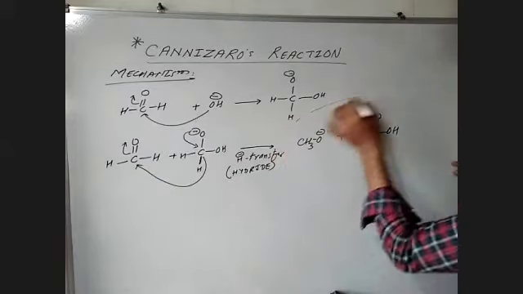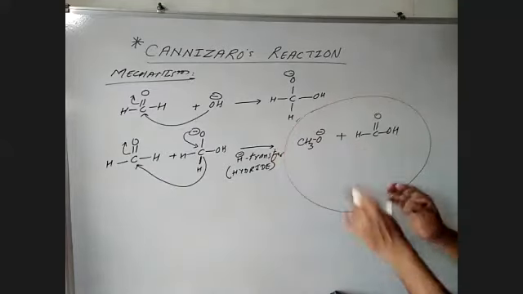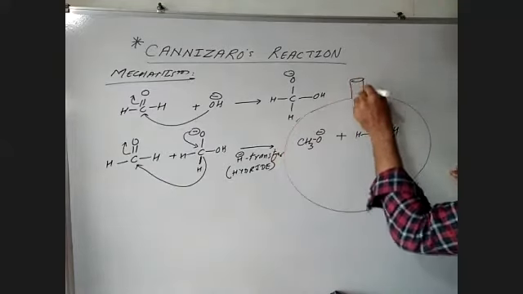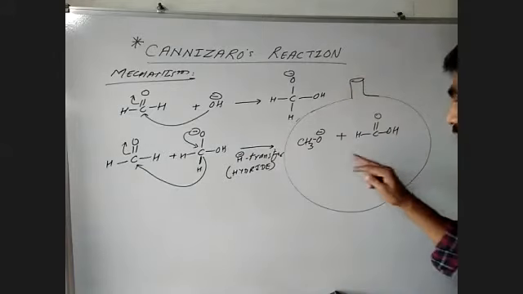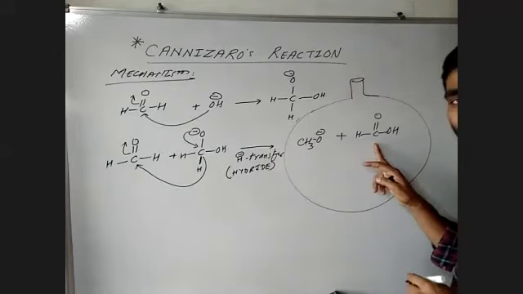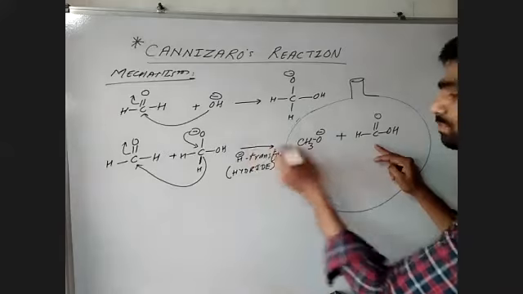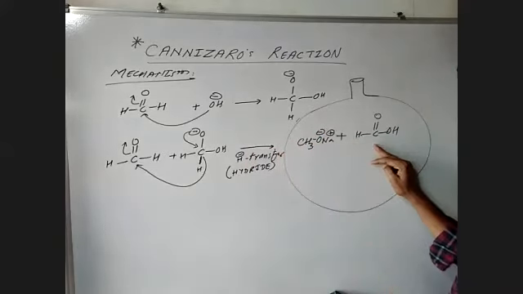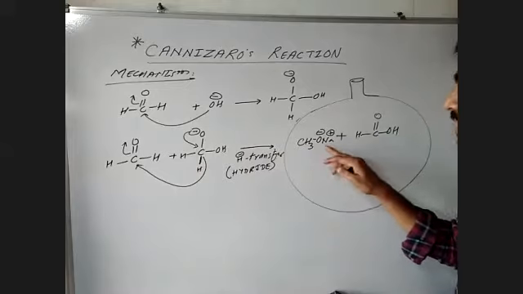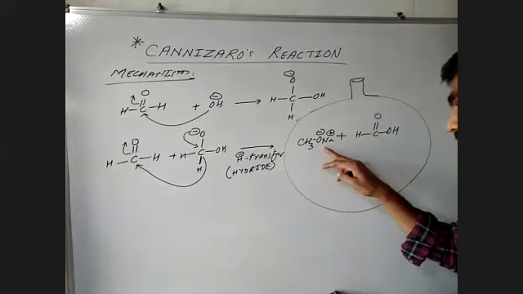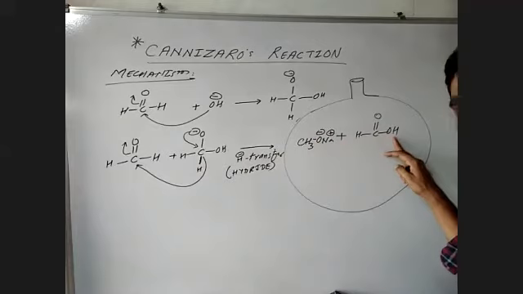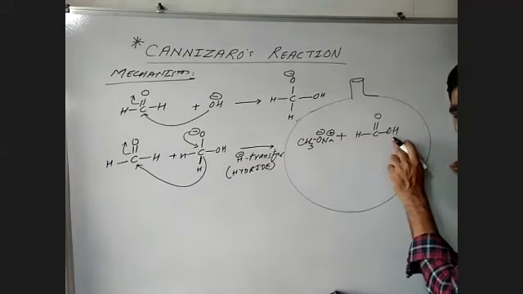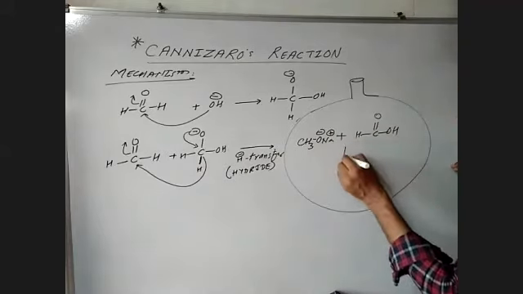Now this is the reaction mixture, suppose in a round bottom flask. Suppose this is in association with Na plus. Now what will happen? This methoxide ion is a strong base. This will further react and abstract this proton. We know a strong base always abstracts a proton.